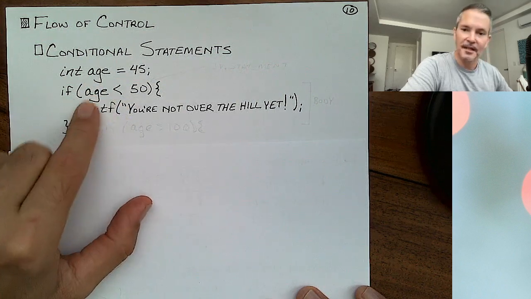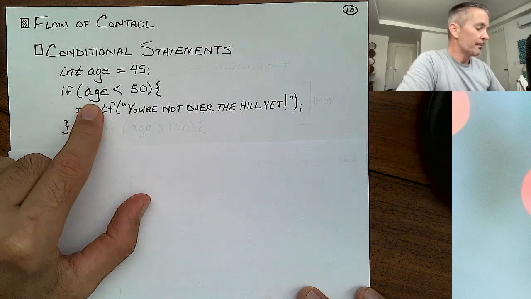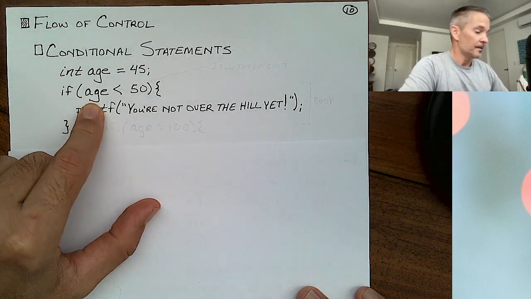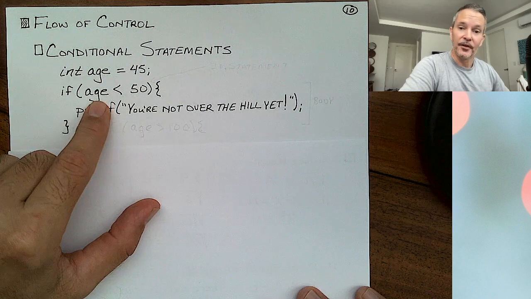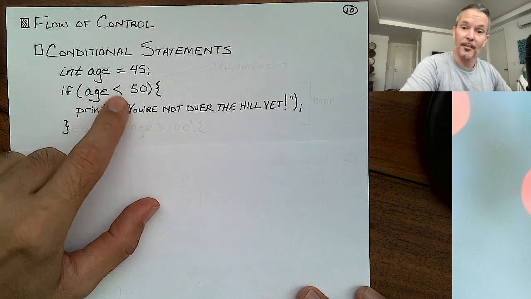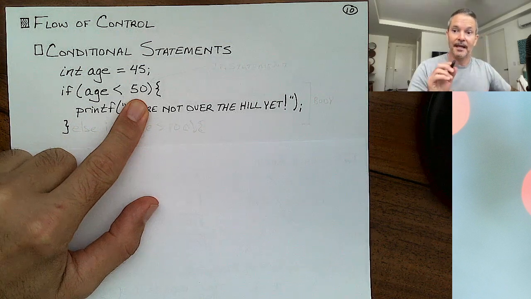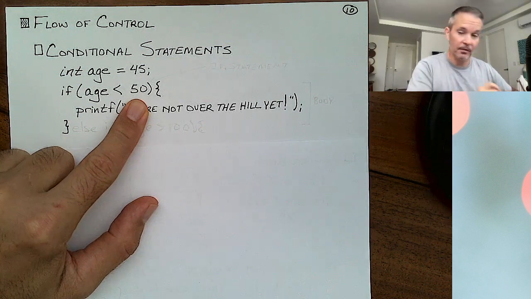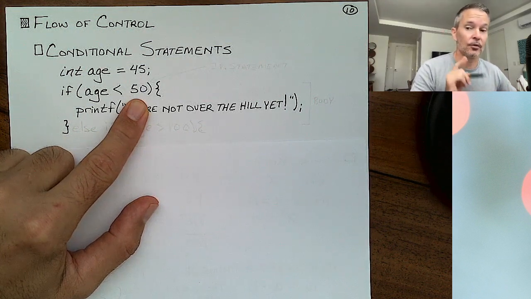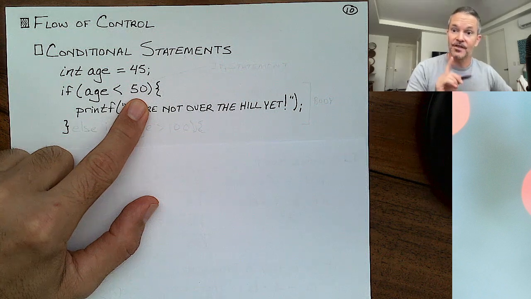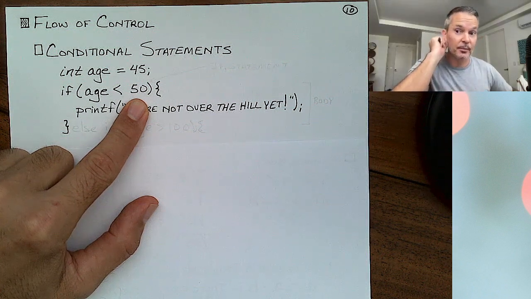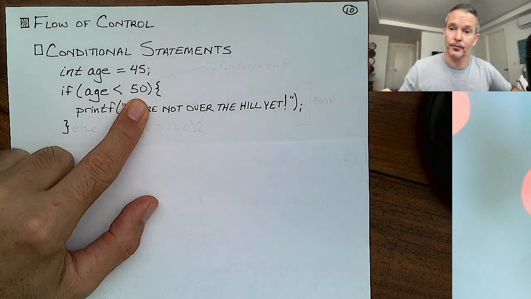But let's take a look at this statement carefully. Remember that whenever I write a variable or a number, and then an operator like less than, and then another variable or number, I'm making a comparison statement. This statement will always return 0 or 1. It returns 0 if it's false. It returns 1 if it's true.